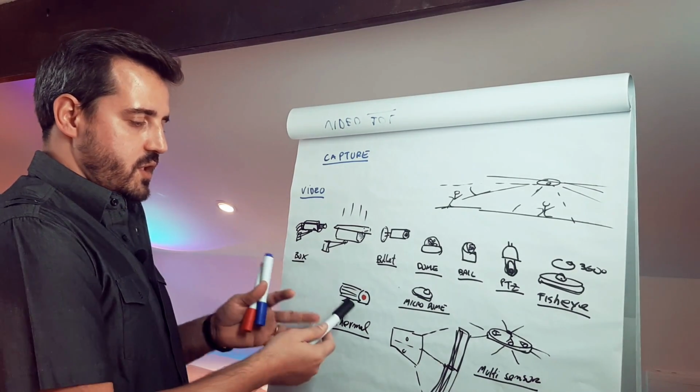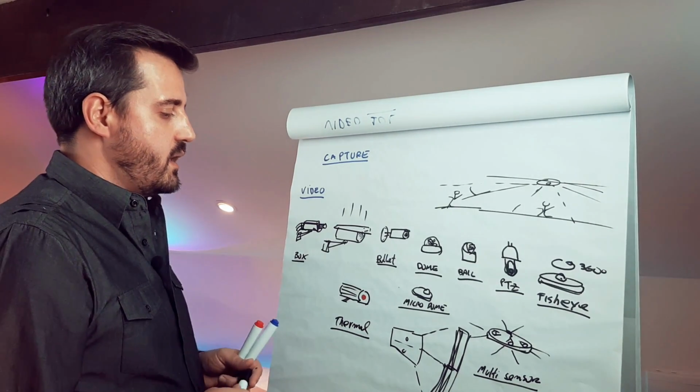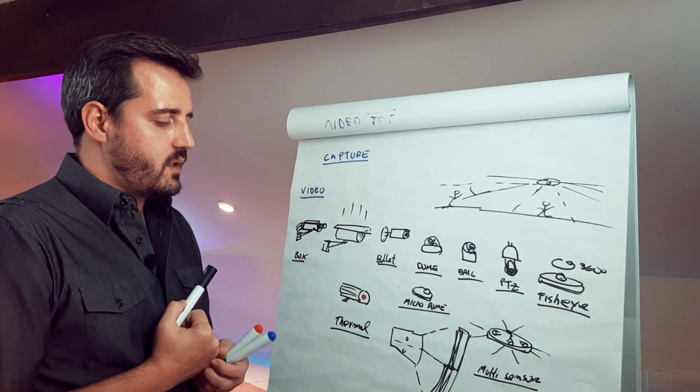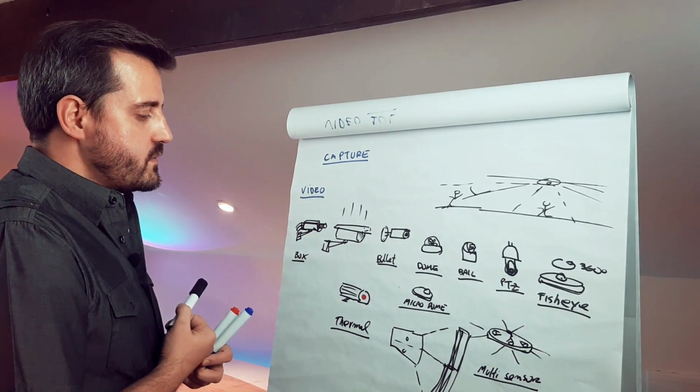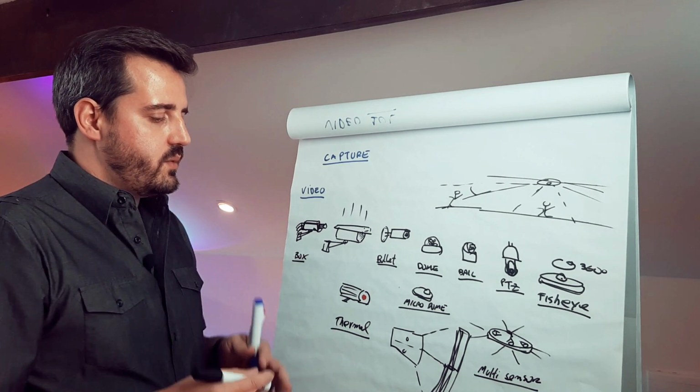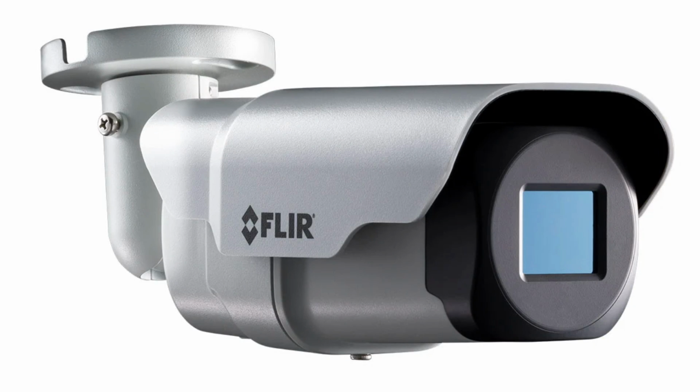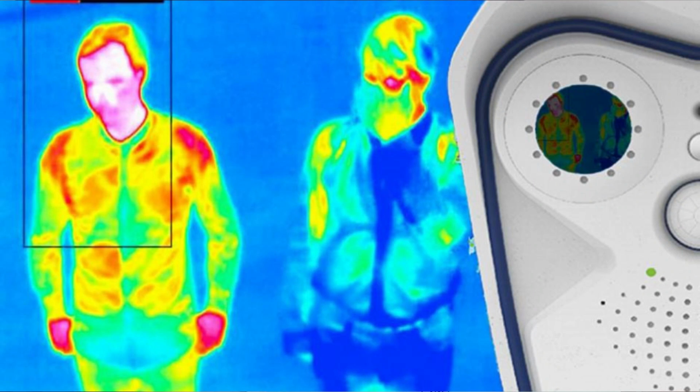It's not cheap. It's an expensive camera, and some regions and countries have a restriction on importing this type of camera, but it basically will detect the thermal signature of the target, and you'll be able to do perimeter protection or any other application.